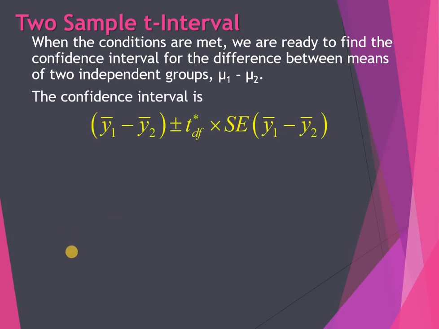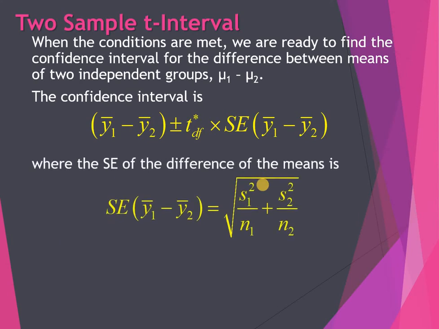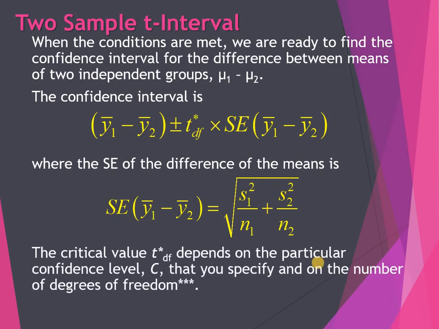Confidence interval is observed difference plus or minus test statistic, T star, times the standard error of the difference, where the standard error is that same thing that's been up on the board a couple of times now. And the critical value, your T star, does depend upon your confidence level and the number of degrees of freedom.